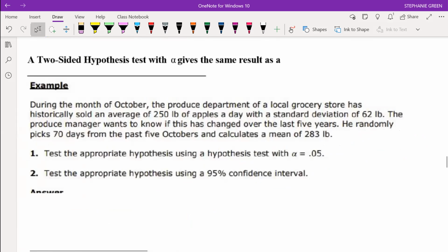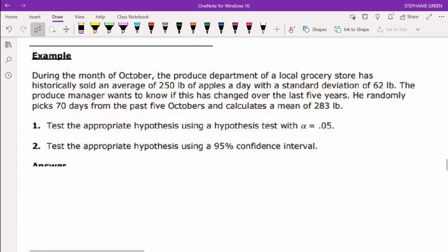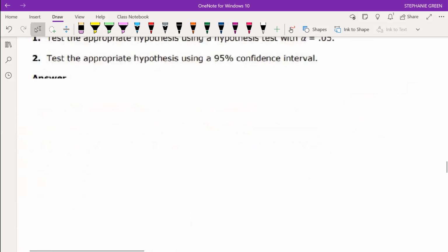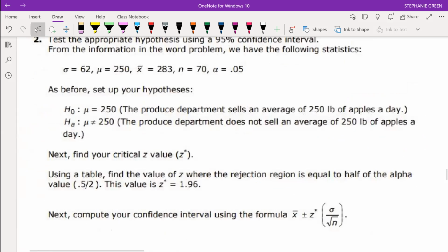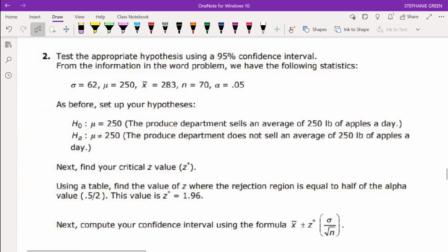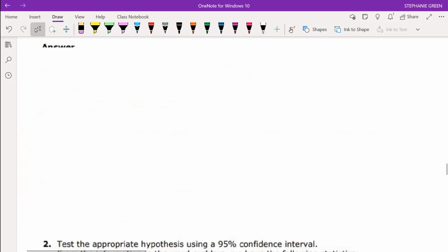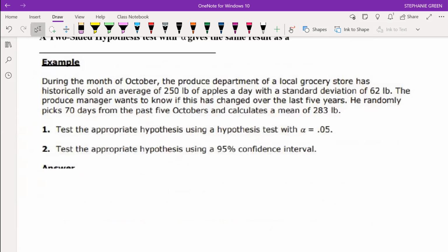Okay, so one more example. We're going to do a two-sided hypothesis test and show you that it's going to give us the same result as doing a 95% confidence interval. So here it says, during the month of October, the produce department of a local grocery store has historically sold an average of 250 pounds of apples a day, with a standard deviation of 62 pounds.